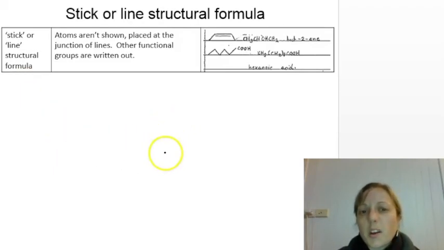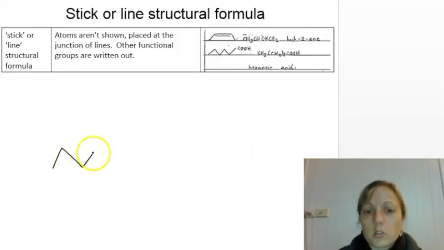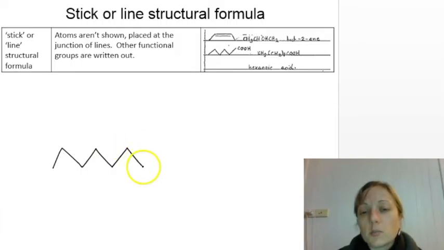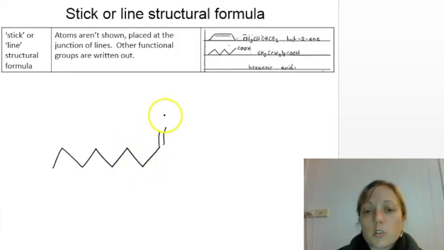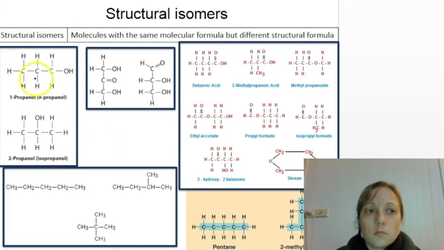And because we're writing out actually quite large molecules, we end up trying to abbreviate them in terms of sticks and lines. So we could do a zigzag shape where we have our double bond O on the end. So where each of these points are is where we have a carbon bond.